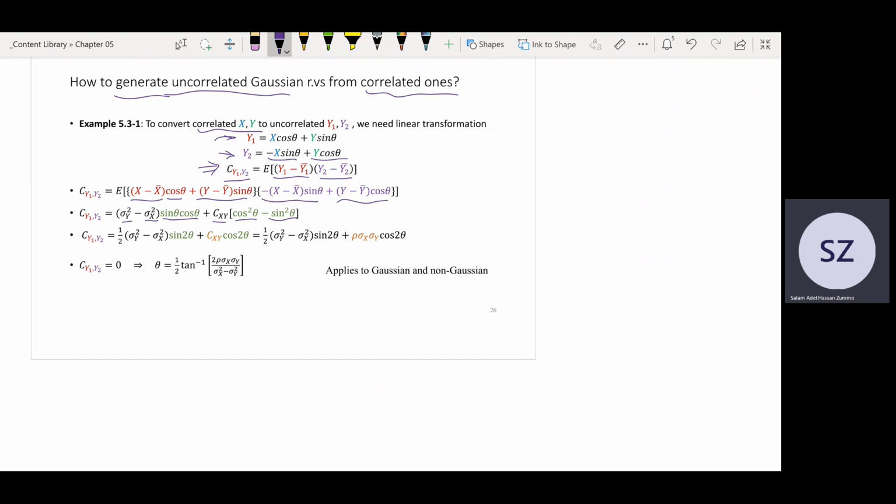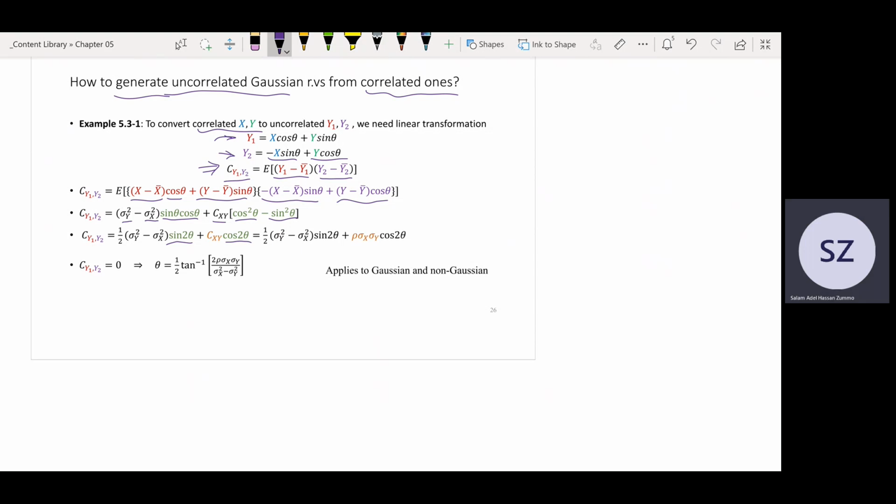Now, sine cosine equals half sine 2 theta, and cosine squared minus sine squared equals cosine 2 theta. So what do we have here?